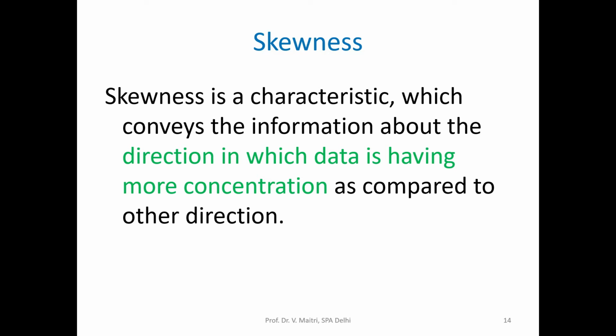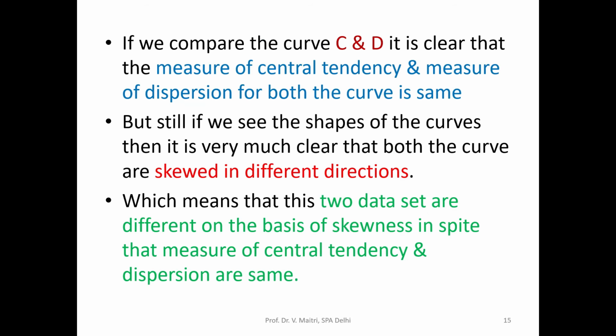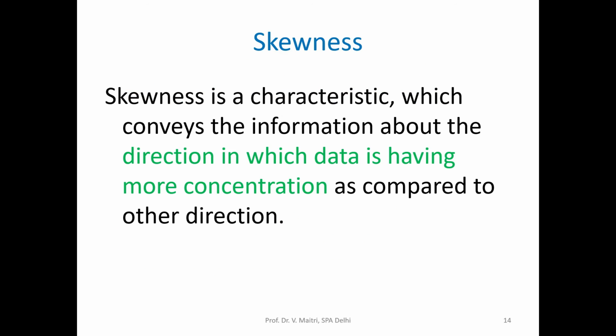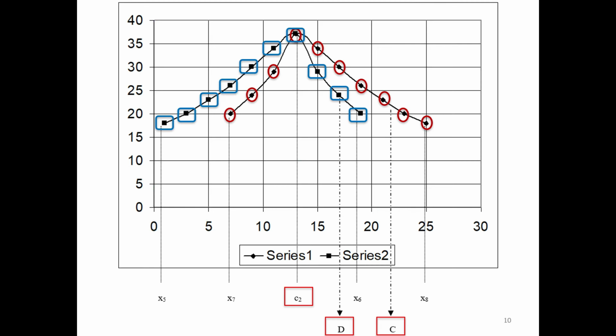There are two directions you have just seen, left side and right side, from its central value. From its central value, the concentration is more on the right side or more on the left side. If we compare curves C and D, it is very clear that the central tendency is the same, very important.